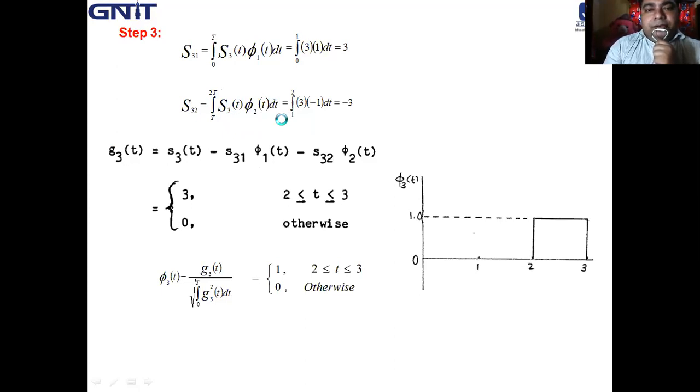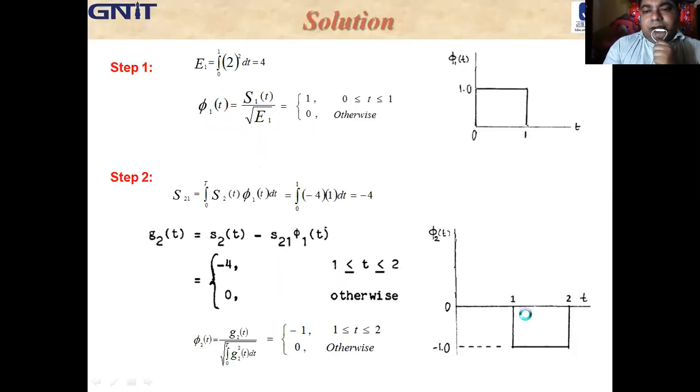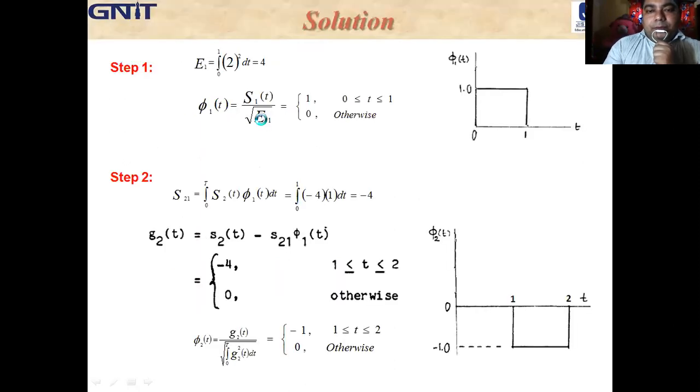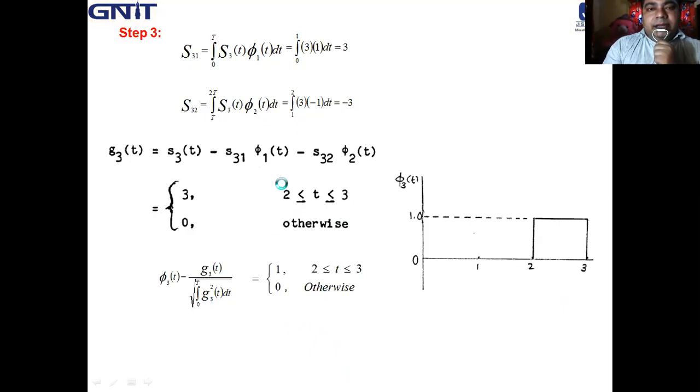So the amplitude of S3(t) is 3, phi 2(t) is minus 1, and it has a limit of integration of 1 to 2. And if we evaluate it, then it is minus 3.